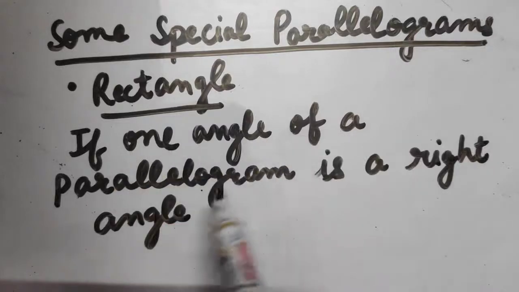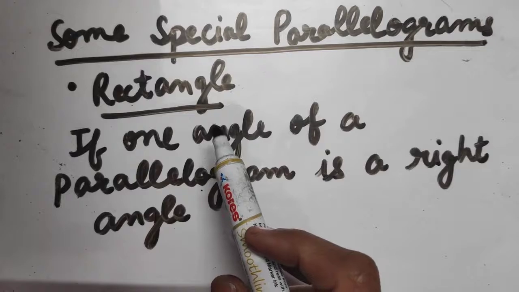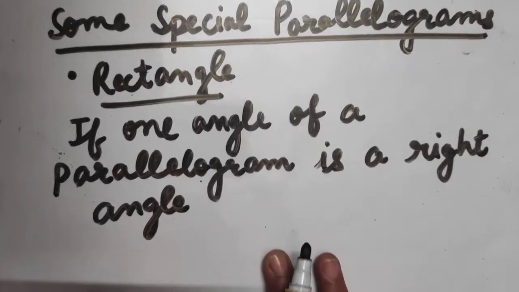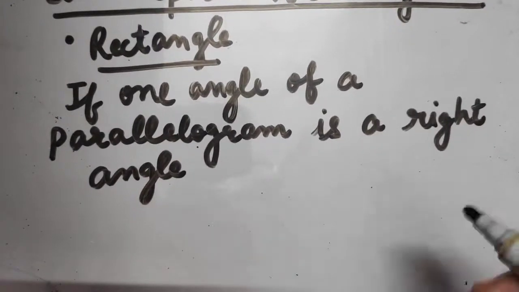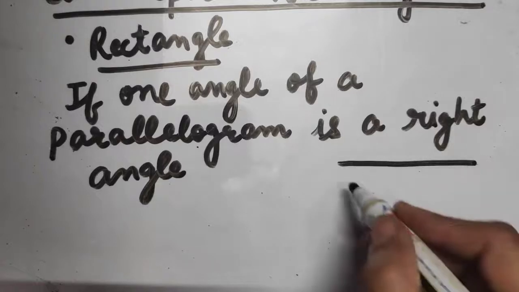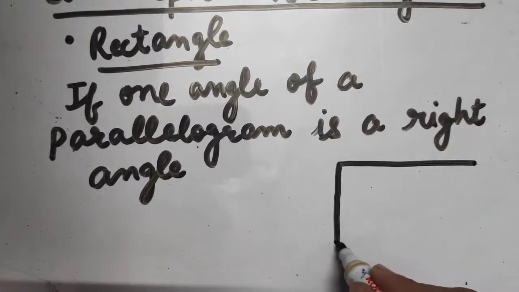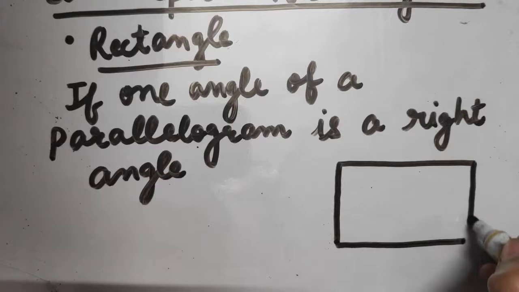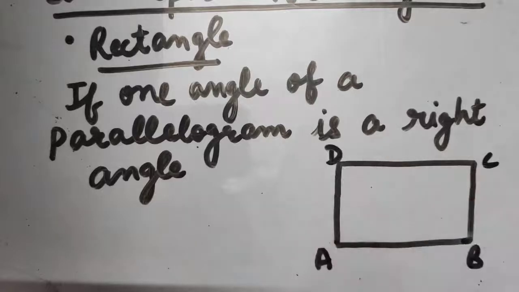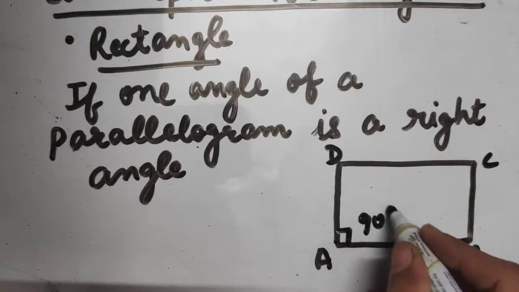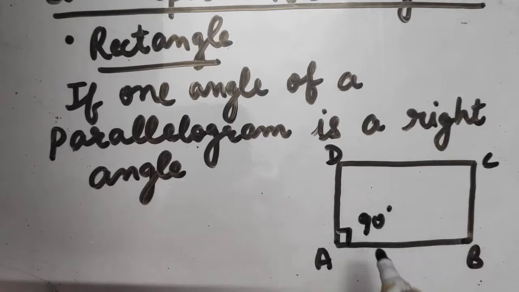So if one angle of a parallelogram is a right angle, then it is called a rectangle. So we can make the figure of rectangle. This is a rectangle A, B, C, D. Angle A is equal to 90°. So it is a rectangle.